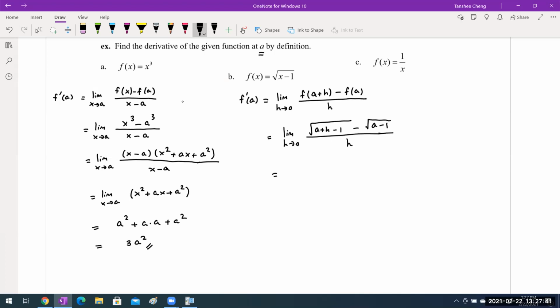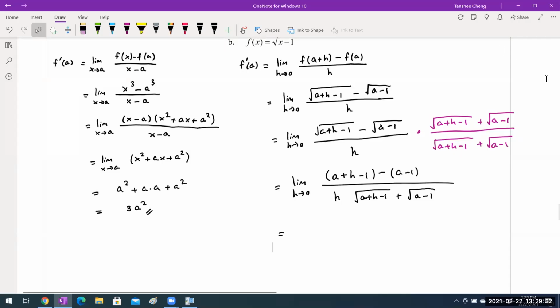You need to remember direct substitution is not applicable. So what we need to do is rationalize the numerator and see if we can simplify or not. So let's try to rationalize the numerator and see what we get.